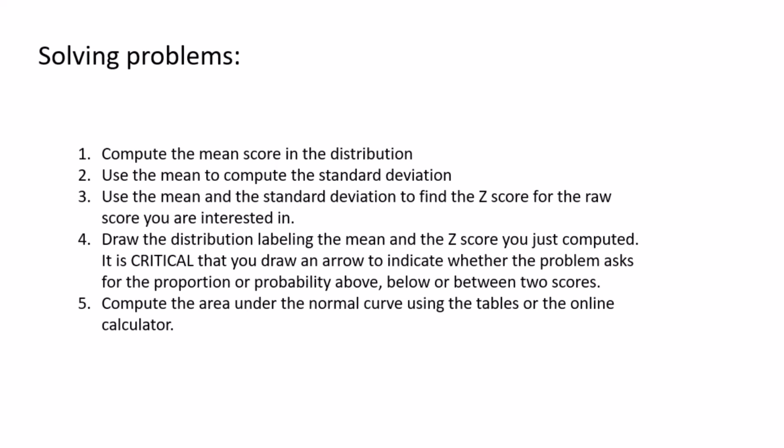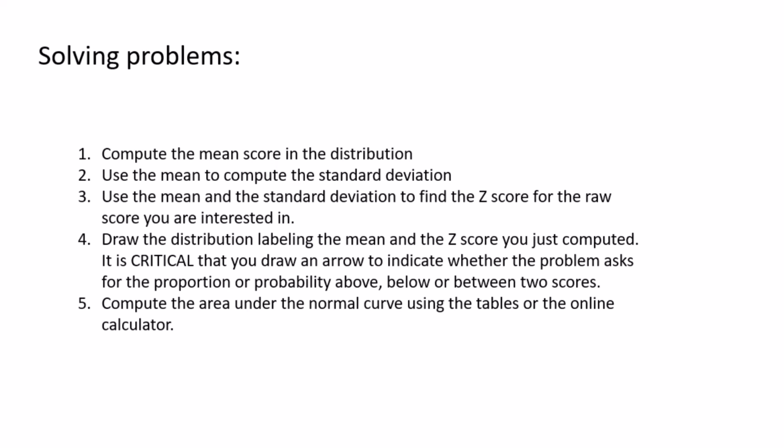Use the mean to compute the standard deviation, and then use the mean and the standard deviation to find the z-score for the raw score you're interested in. I'll just say parenthetically, in most of the problems you'll see in this class, step 1 and step 2 have already been done for you, and you'll have a mean and you'll have a standard deviation given in the problem.